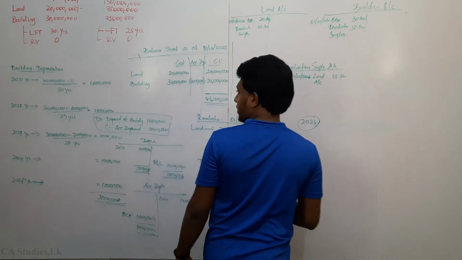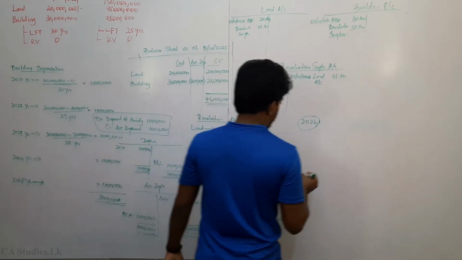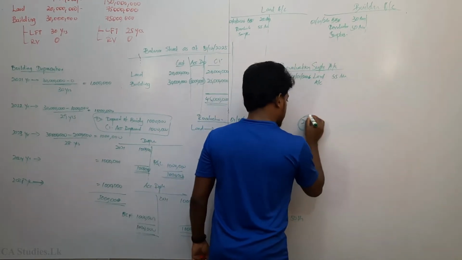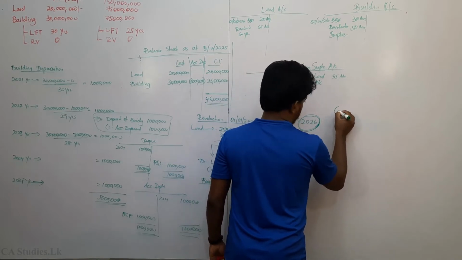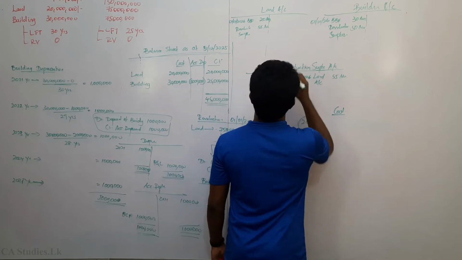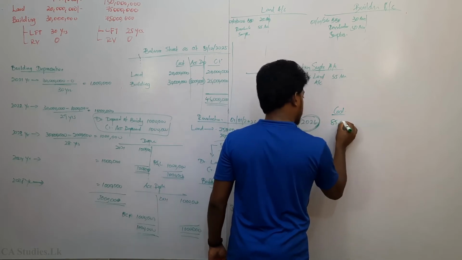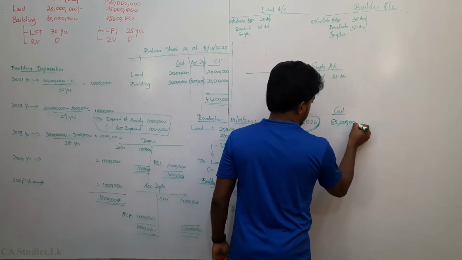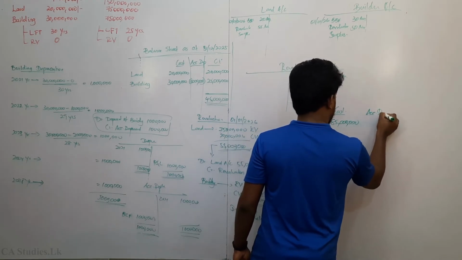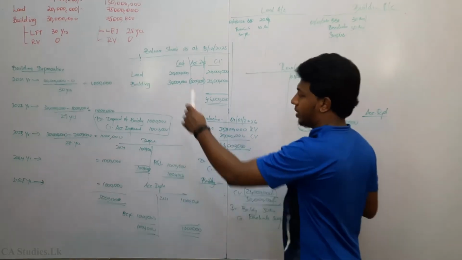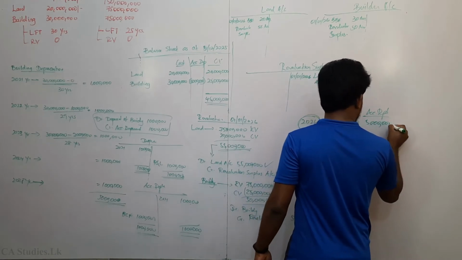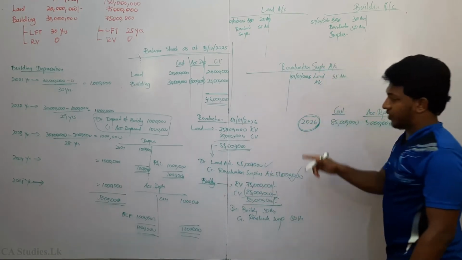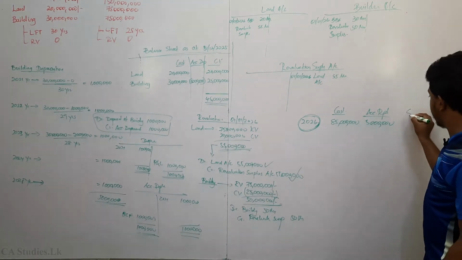First, the cost is 85 million. What is the accumulated depreciation for the building up to now? Up to now the accumulated depreciation is 5 million. So the carrying value of the building on 1st Jan 2026 is 80 million.